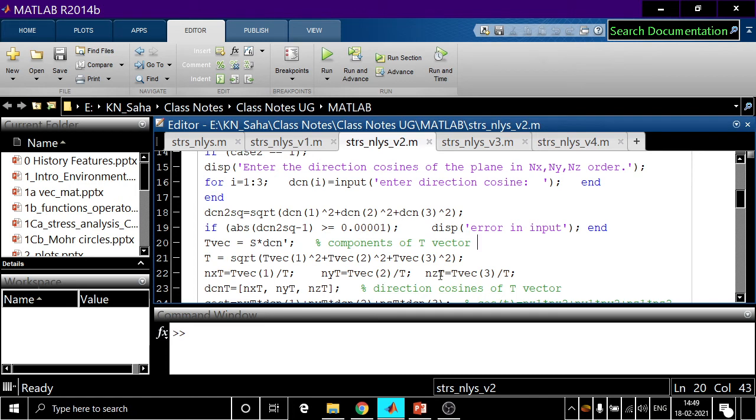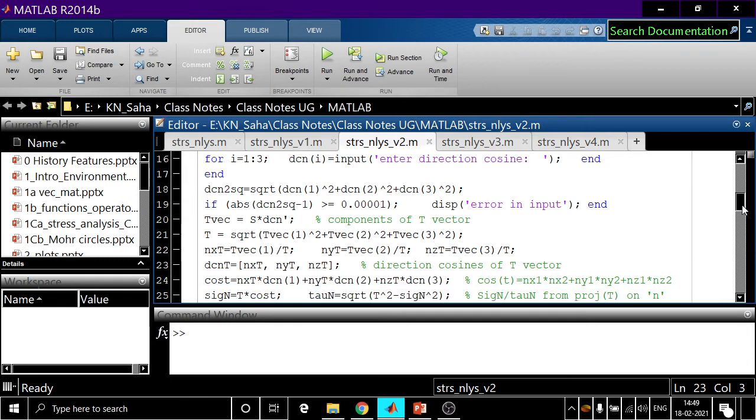Clear? Previously, we had direction cosines. This was input, we got it from the user. And now we have calculated these direction cosines of the T vector. So it has three components, nxt, nyt and nzt. Clear? Very clear. So from this direction cosine dcn and from this dcn t, we can calculate the angle. So this is what we've done there.